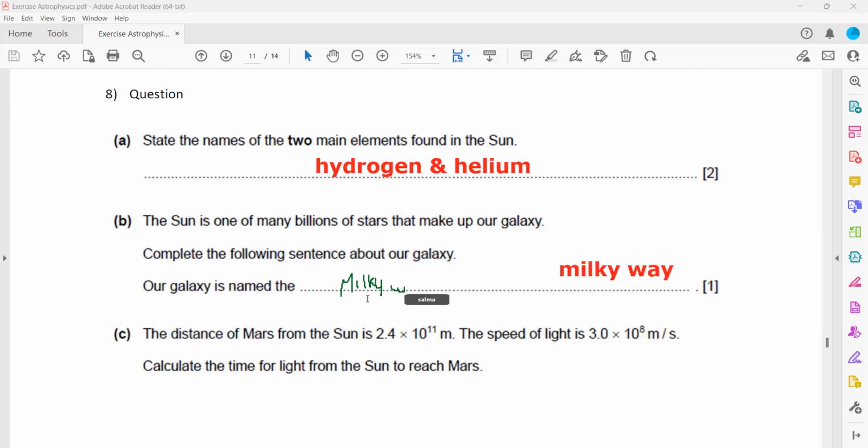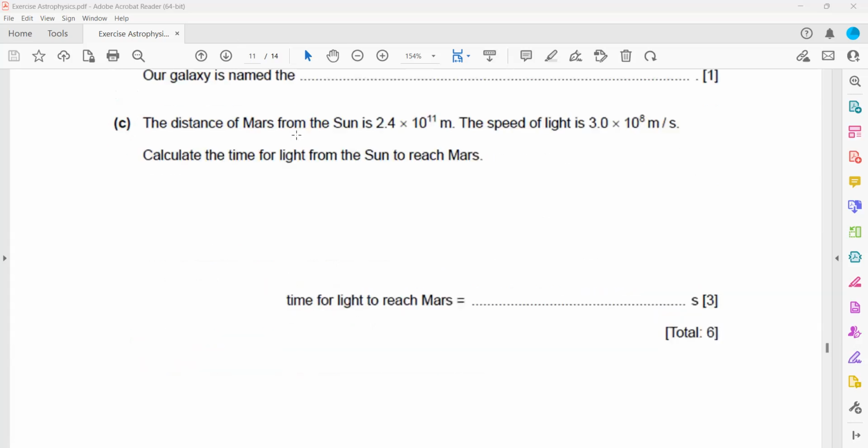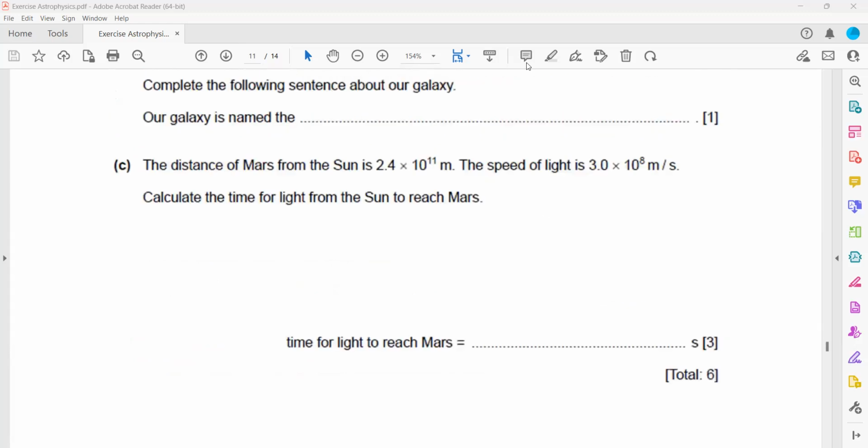Then the distance of Mars from the sun is 2.4 exponent 11, and the speed of light is given. Calculate the time for light to travel from the sun to reach Mars. So this is our sun, and the light reaches Mercury, Venus, Earth, and Mars.